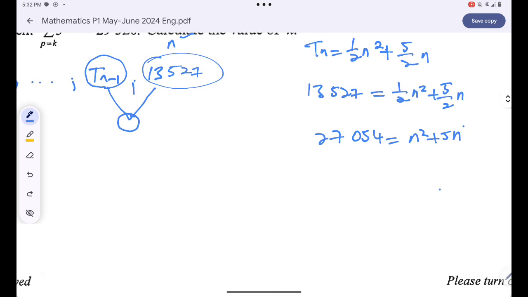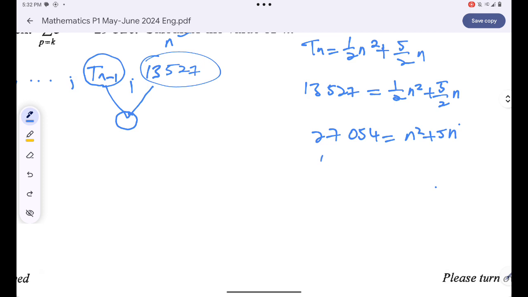Now I must make sure that my equation is in standard form. Then n squared plus 5n minus 27,054 is equal to 0.